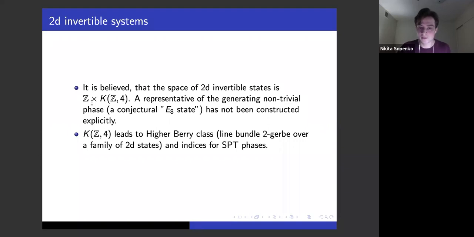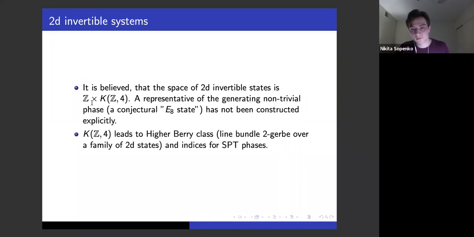It turns out that this current should be proportional to temperature squared by just dimensional analysis, but the coefficient in front of it should be quantized in some units, and it should be related to this invariant. But how to define it without considering this physical picture, just at zero temperature, is a mystery.